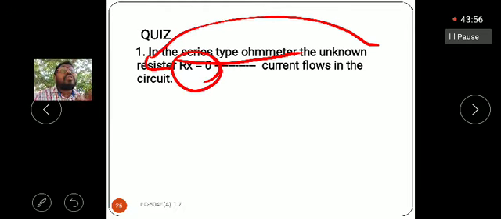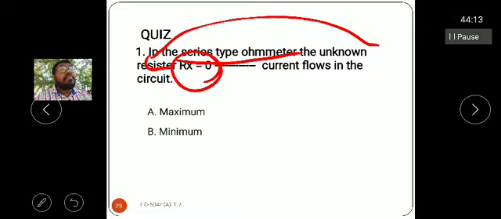Please observe clearly what is given. Then current flows through the circuit. They are not asking the unknown resistance value. They are asking, in a series type ohmmeter, the unknown resistance is 0, that is Rx is equal to 0. Then what is the current flowing in the circuit?